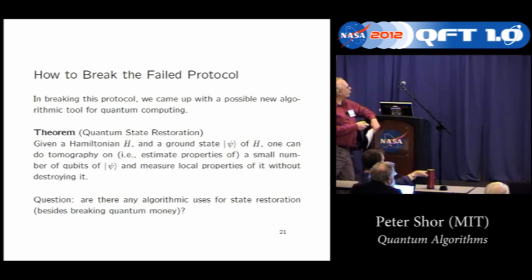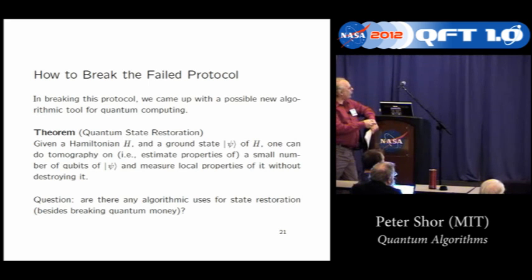So given the verification procedure and the ground state, one can do tomography on a small number of qubits of psi and measure local properties of it without destroying it. So if you had an unknown quantum state without this Hamiltonian, you couldn't do tomography. If you just had the Hamiltonian, you cannot. There's no efficient procedure known for finding ground states of it. It's an NP hard problem.